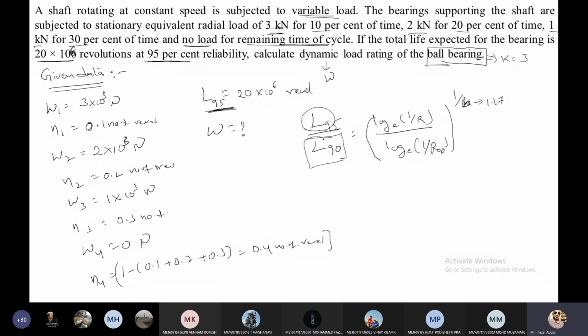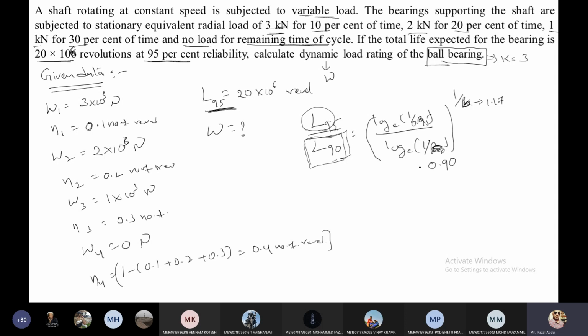This is the constant, we don't change this L90 value here. Whatever the changing values, we have to change them here: L95 by L90. Because of 95% reliability we have to take 0.95, and for 90% we have to write the reliability as 0.9.